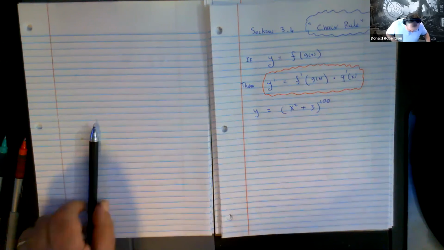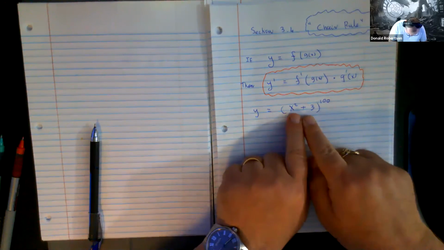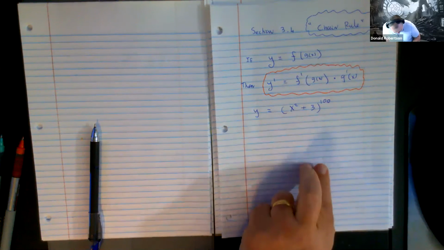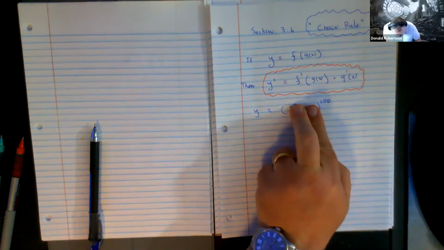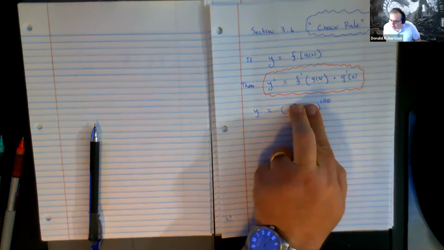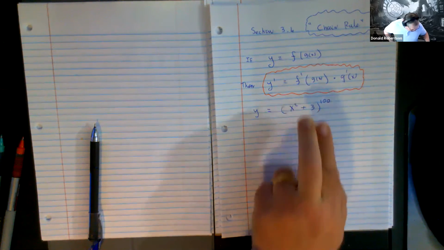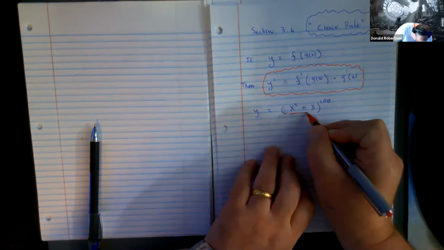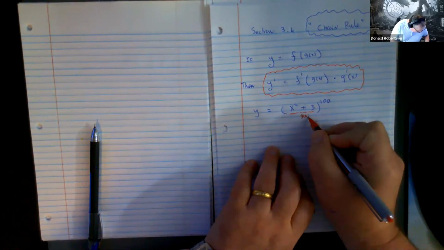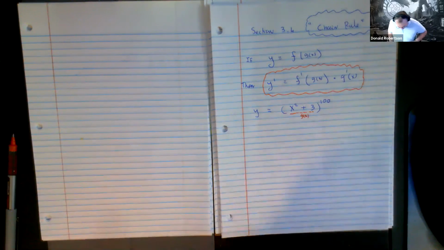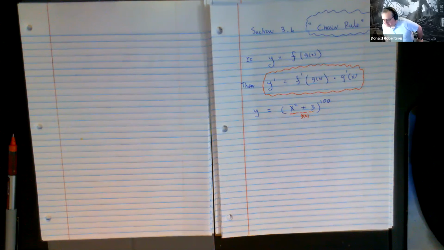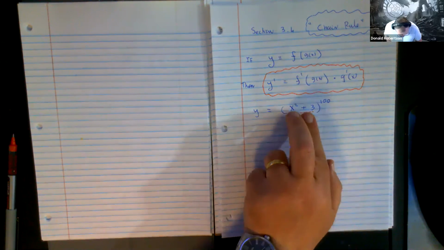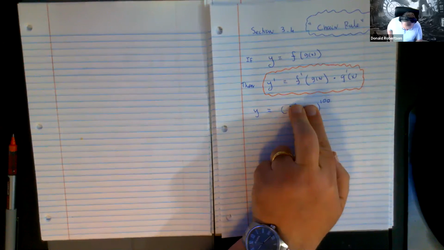So how do we apply this rule? Well, I want you to think of this not as x squared plus 3 anymore, but think of it as something to the power 100. And the guy that we call g of x is basically this guy here. He's the guy I like to use the word something. You're going to hear that word a lot today. This is something to the power 100.